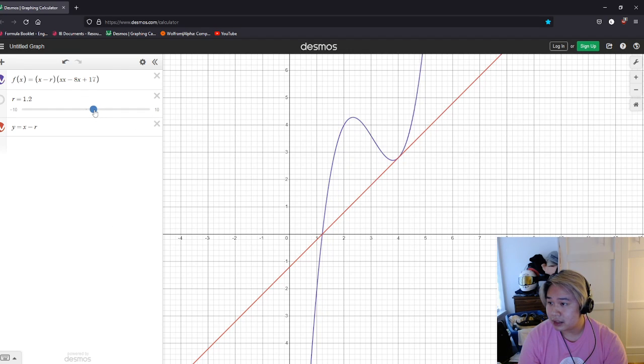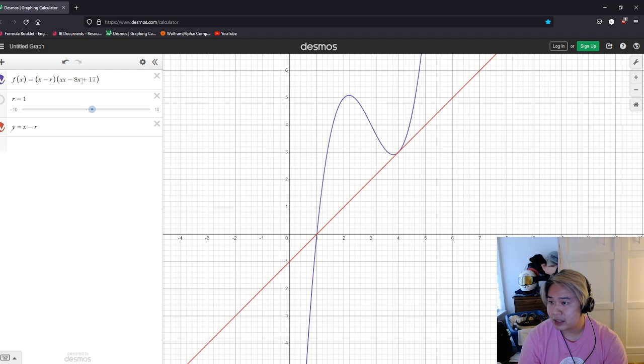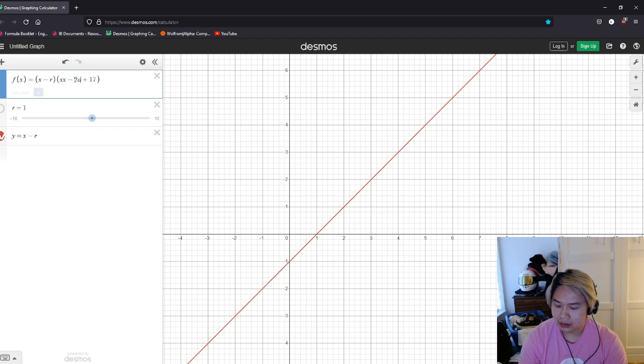Okay, so R is 1, and then I'm going to change this formula to 2ax plus a squared plus b squared.